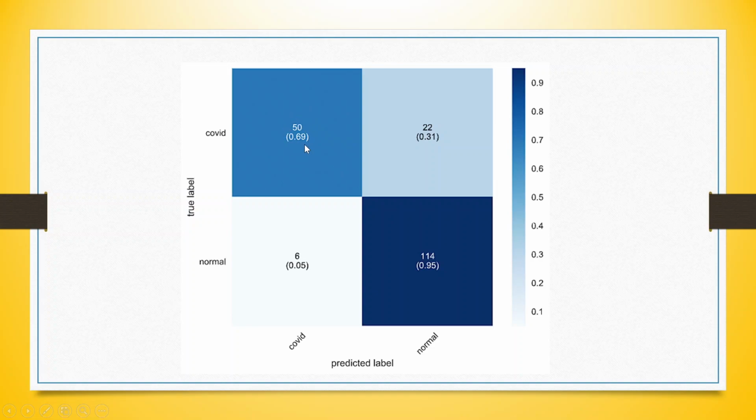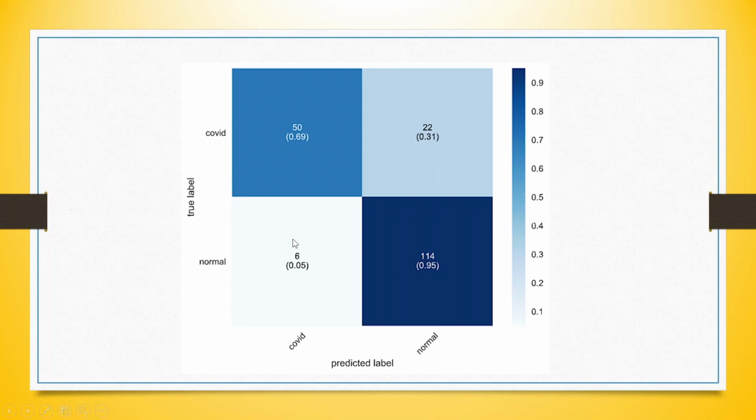So 50 are such cases in which a person was actually having the COVID and the kit detected it correctly. Now a person was normal and the kit also detected it that a person is normal. So 114 are such cases in which the detection was again correct. So 50 plus 114 are such cases in which the kit is able to detect successfully.